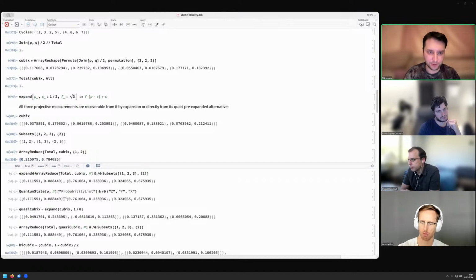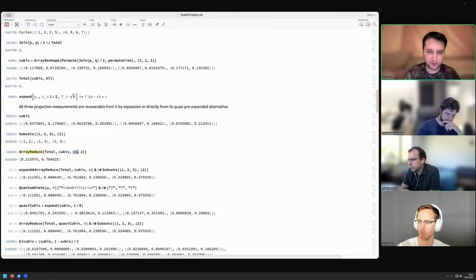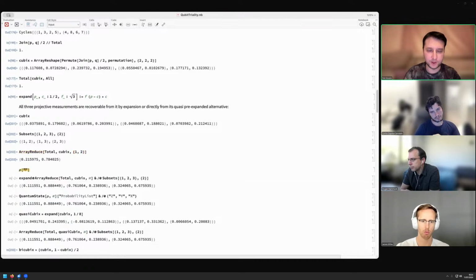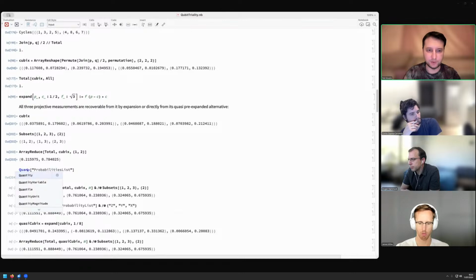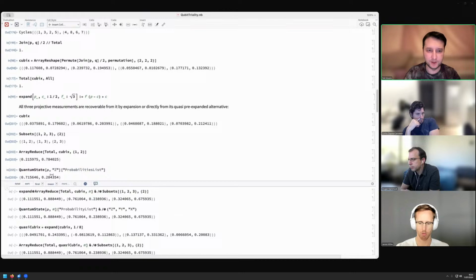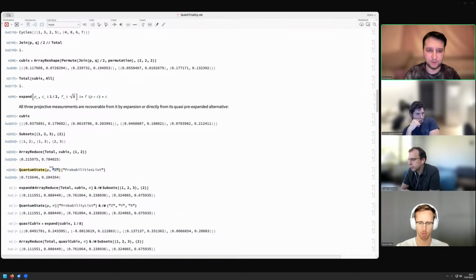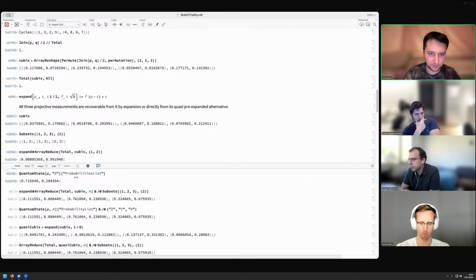But since I sum essentially over x and y, it should correspond to the measurement in the computational basis, the Z basis, which is the same, but up to this expansion, so you have to modify it a little bit.